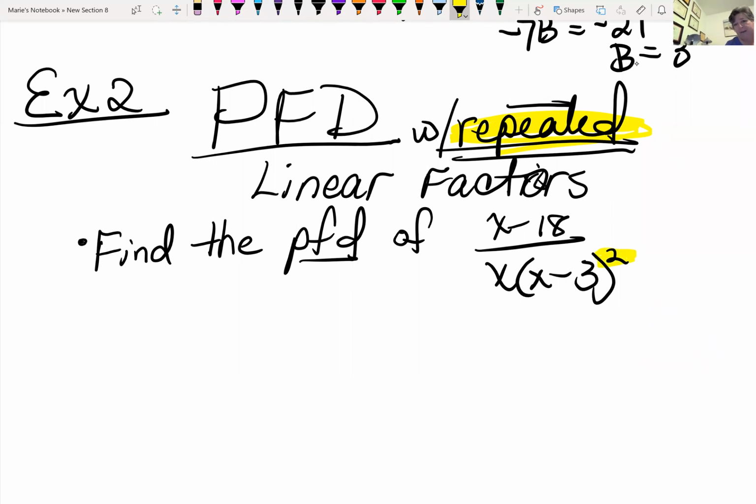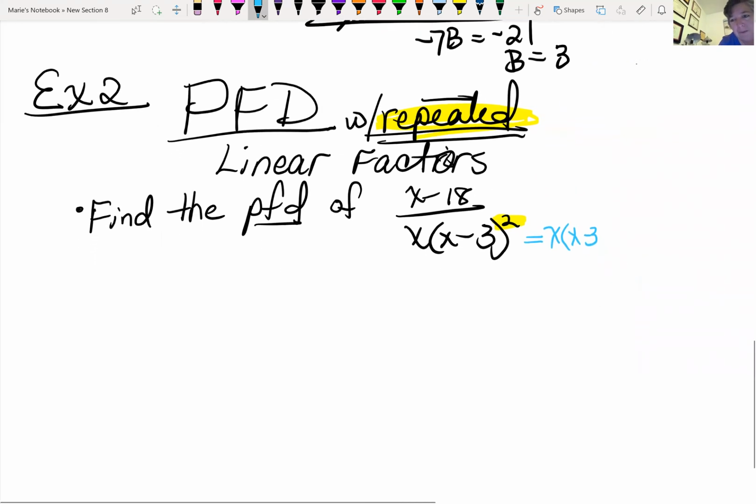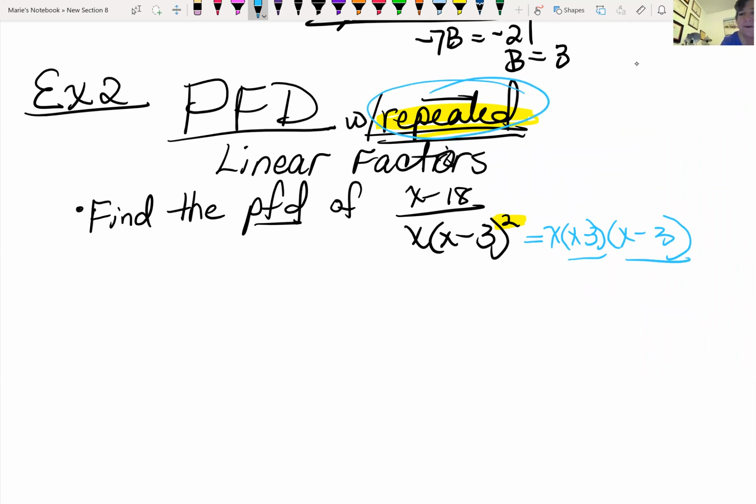If I expand that for you, you would say, oh, so this is basically x times x minus 3 times x minus 3. Hence, the concept of repeated. It's the same factor happening more than once, that's all.